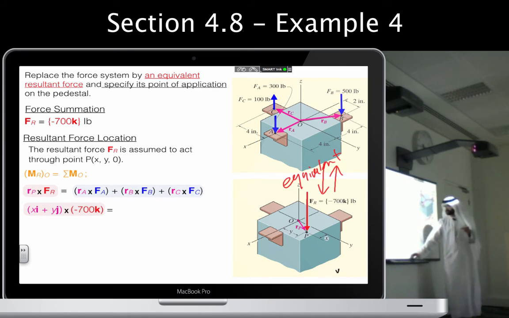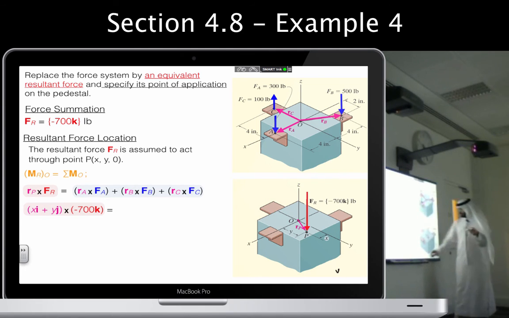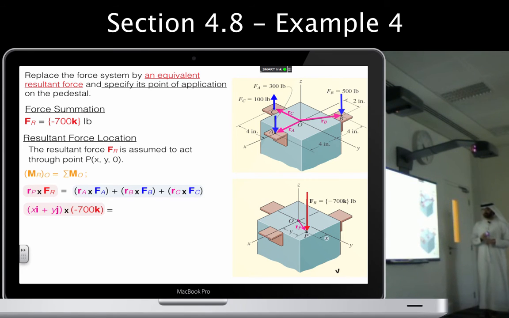So let's start with the cross product of Fr. X and Y are unknowns. You could wish to put Z as well, X, Y, and Z, but you will end up having a 0Z, and you will see.